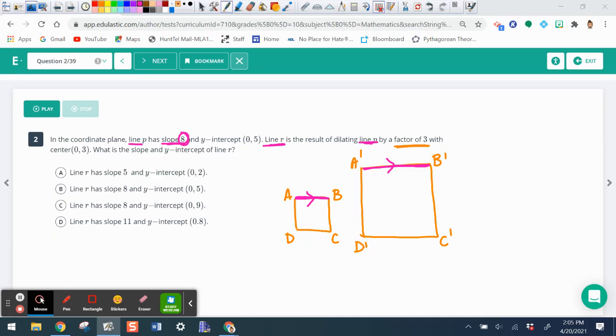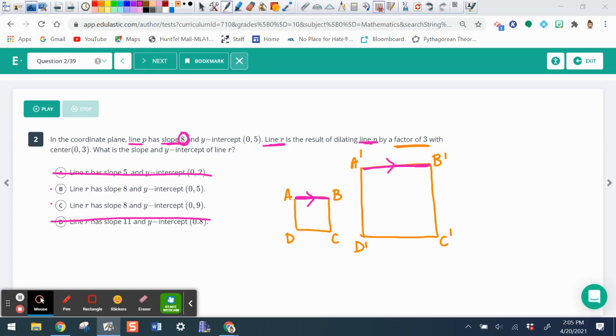Let's look through our choices. A says line R has a slope of 5, so it's not that one. B says line R has a slope of 8, so it might be this one. C says line R has a slope of 8, so it might be that one. And D says line R has a slope of 11, so it's definitely not that one. Now we need to determine which option it is, either B or C.